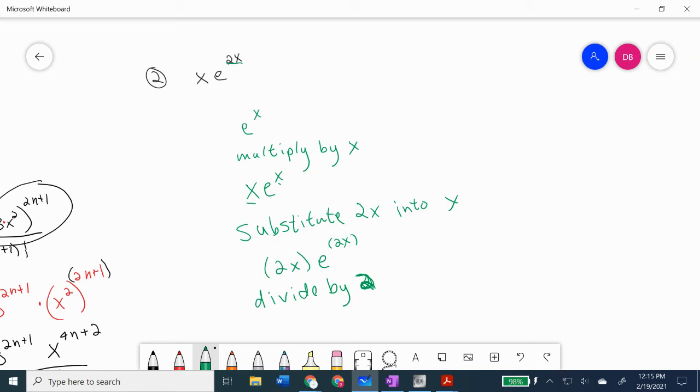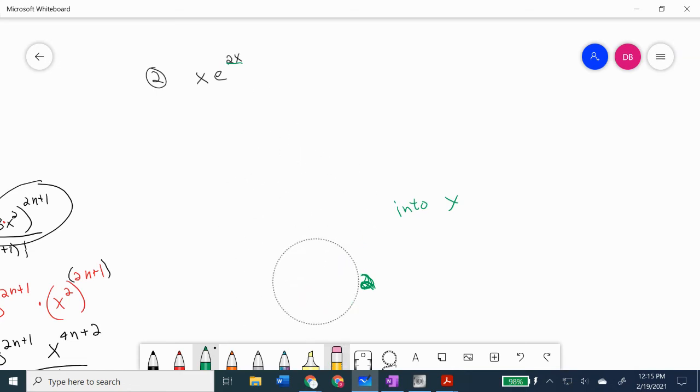So mapping out a proper ordering is valuable before you start manipulating the series. And I'm going to erase this, and we're going to start off on the correct foot. And that means we're going to first have e to the x.